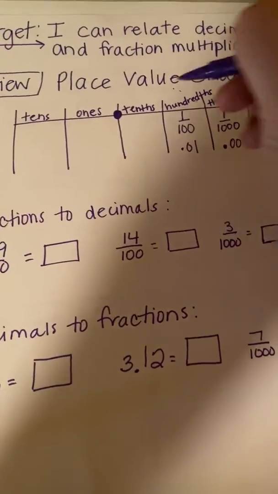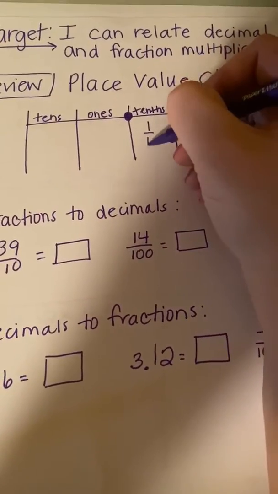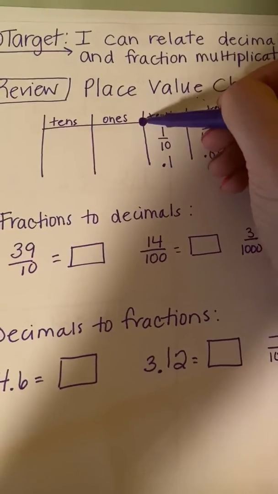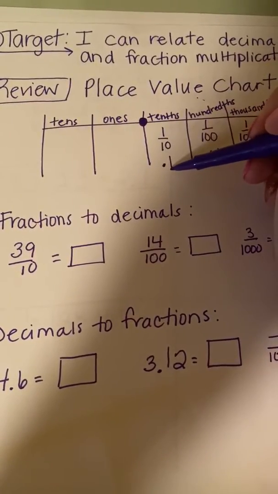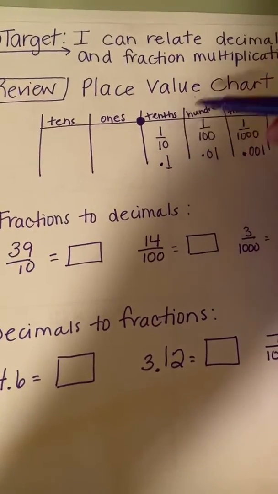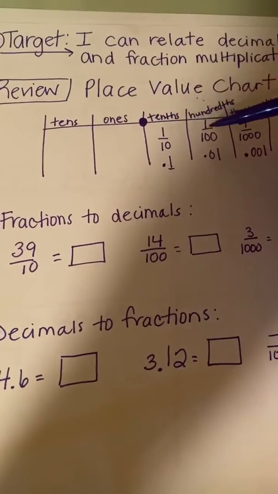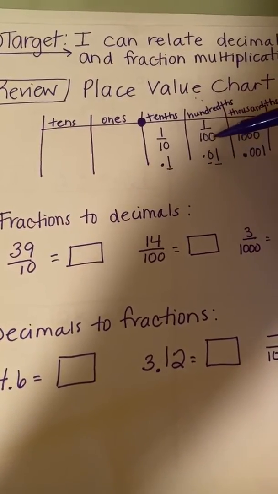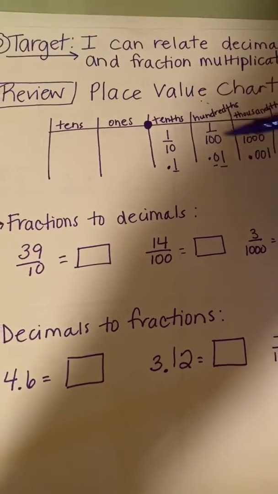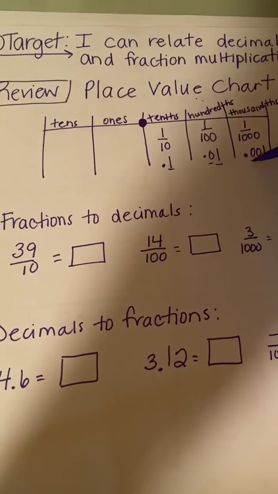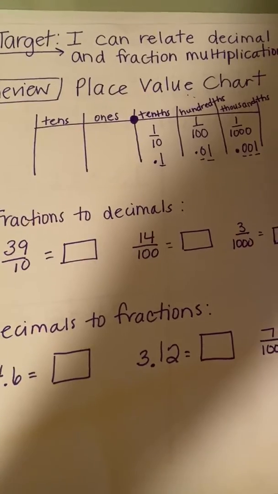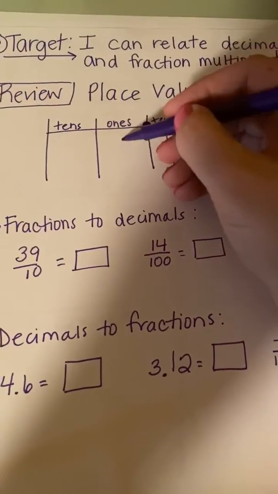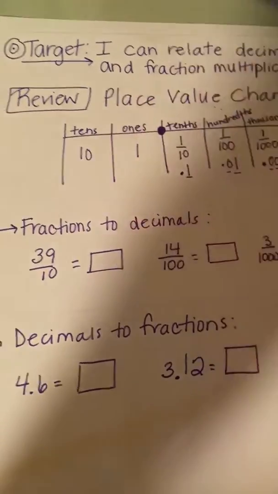And the tenths can be written as 1 over 10 or decimal 0.1. Here's my decimal, and there's 1 digit after the decimal, so that's the tenths place. Here's my decimal, 2 digits after the decimal, so that's hundredths place, 2 zeros. Here's my decimal, it's the 3rd place value over, 3 digits after the decimal, and as a fraction, 3 zeros. Ones is just 1, 10 is 10 because they're whole numbers.